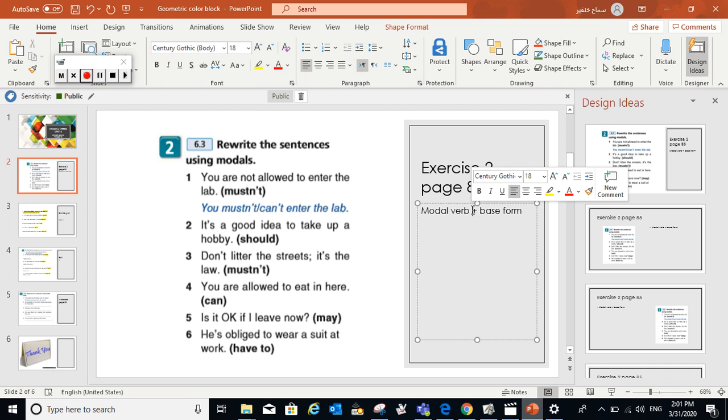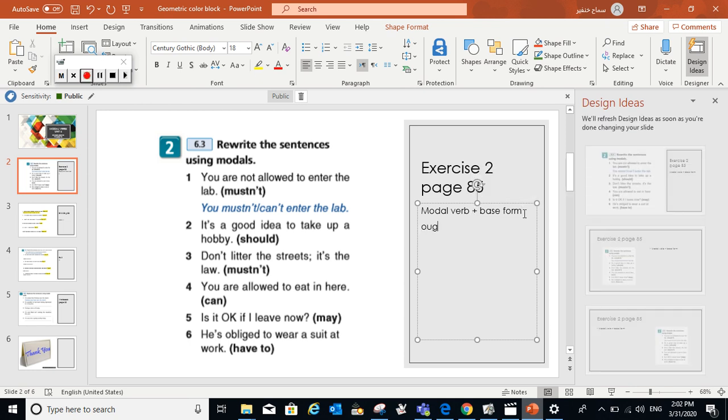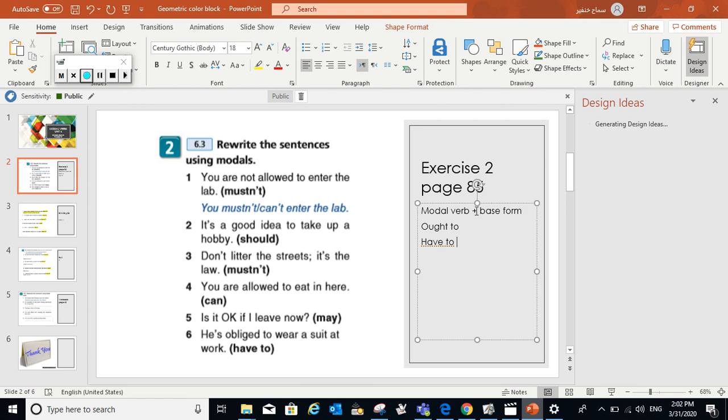Some modal verbs are already with to, like ought to, or have to. Also, they are followed by base form, so they are also called modal verbs. So any modal verb plus base form. We never change the verb.